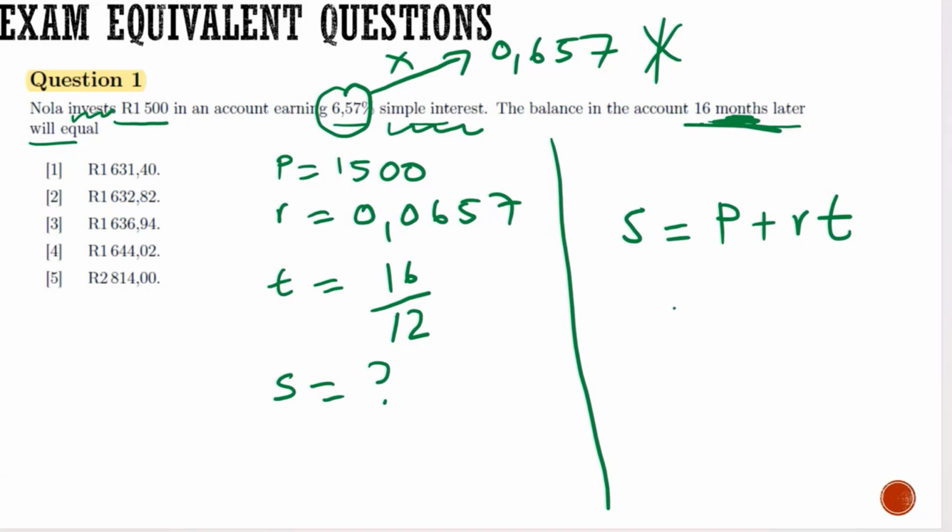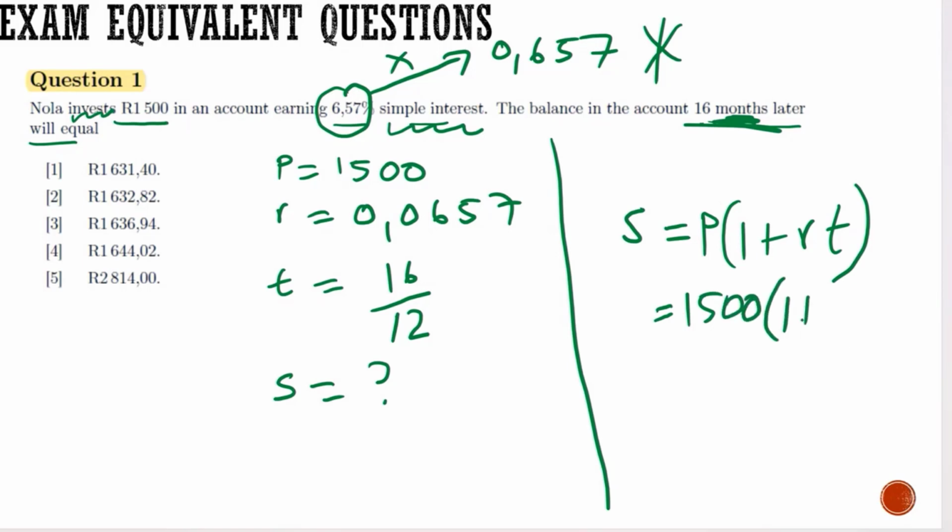So now your P, have I written this correctly? No. So I've got my P into 1 plus RT. So now I'm looking for my S. My P is 1,500 into 1 plus my R, which is 0,0657, multiplied by the time.